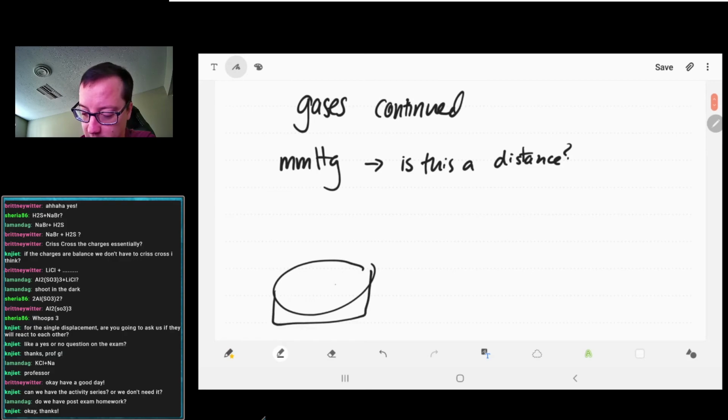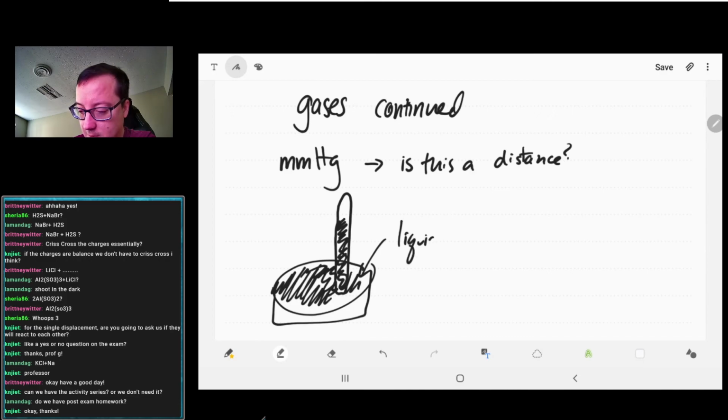But way back when, you would have a device like this. This is mercury, which is a liquid. It's a very dense liquid too, so it's extremely heavy for its volume.